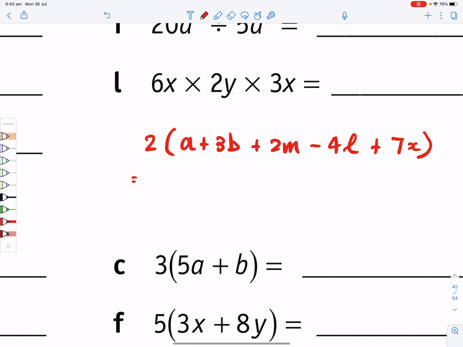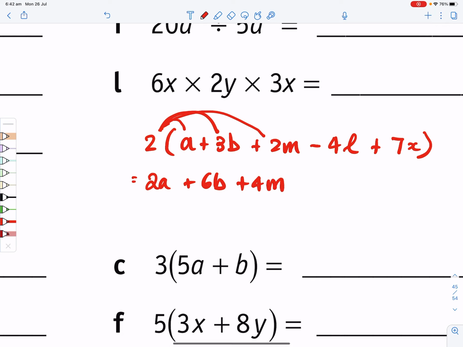So let's have a look. 2 times a is 2a. And now stop. Don't write any pluses or any minuses, just stop, please. Now 2 times 3b is 6b. So you're going to write down plus 6b and stop. Next one, 2 times 2m is plus 4m, and you stop.